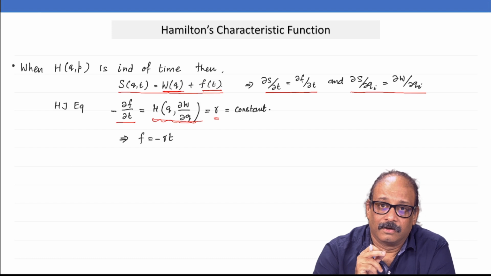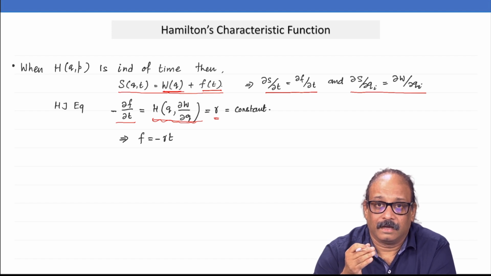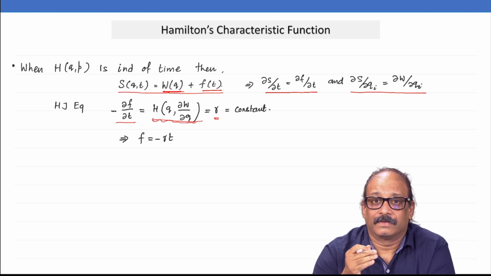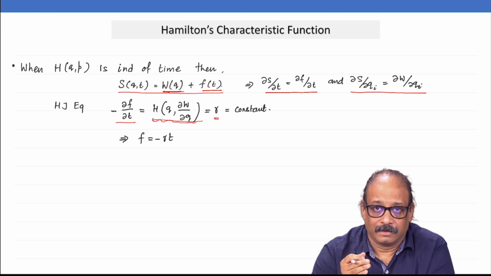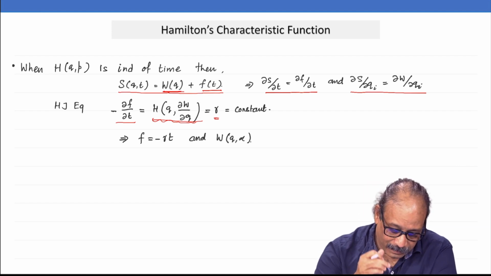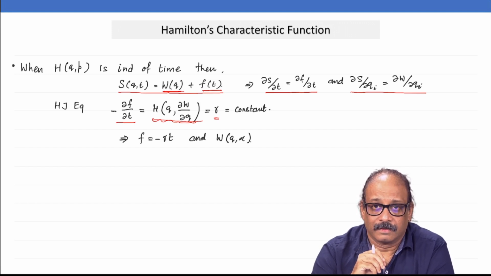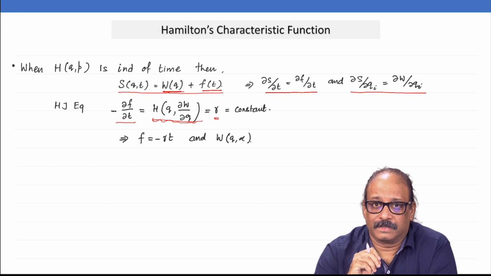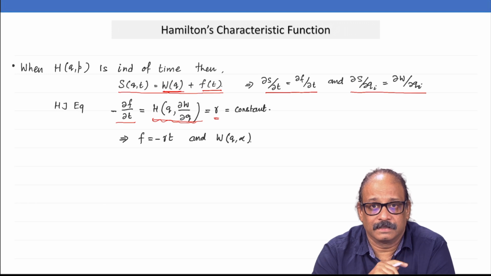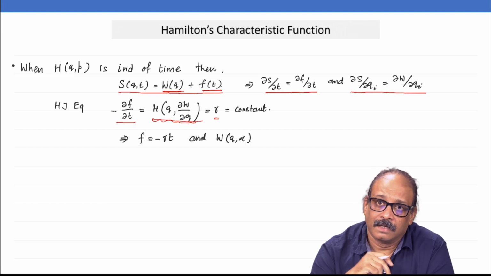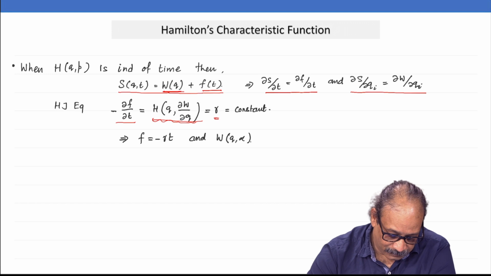The second one, of course, is the differential equation in W with how many coordinates? That is just n. So, we will be finding W as a function of q, and because there are n variables, there will be n constants of integration. The same comment that we made for the capital S function, the Hamilton's principal function, applies here also. Look at this differential equation.